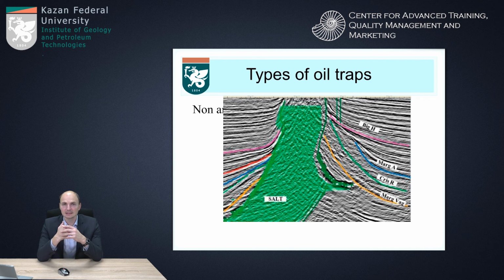In this case, it can cut the upper layers along its way, and we can find the presence of new oil traps, which do not belong to an anticline, but are sealed by the salt dome.